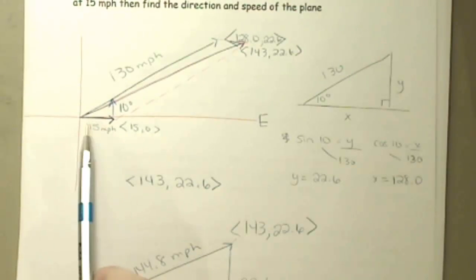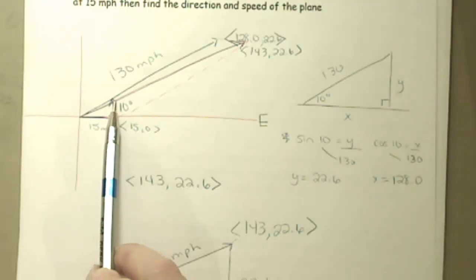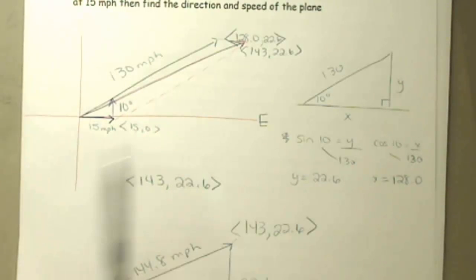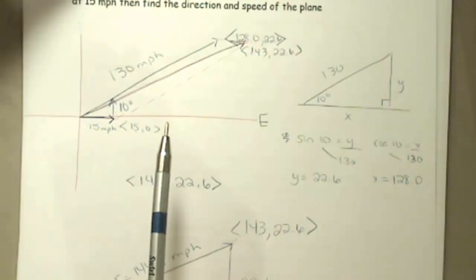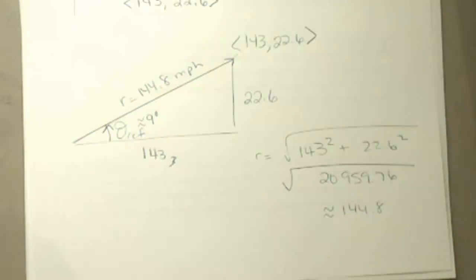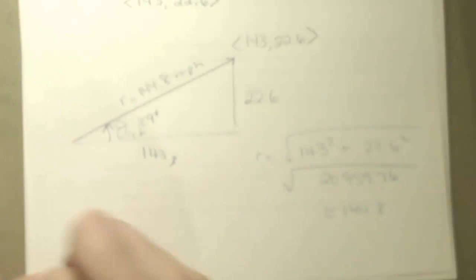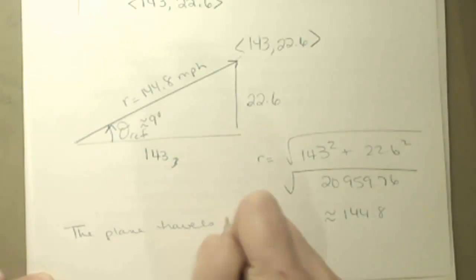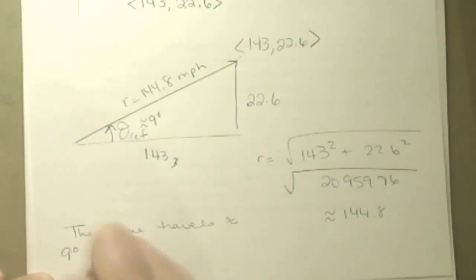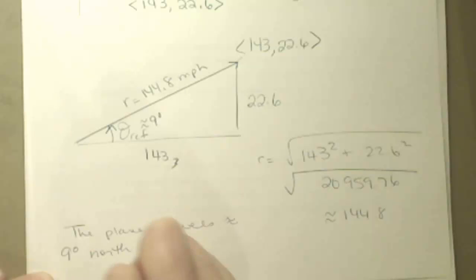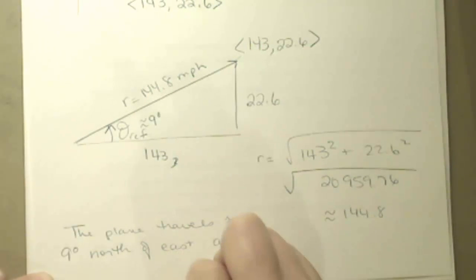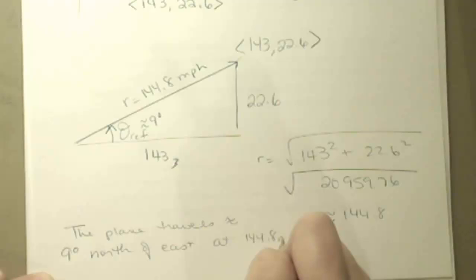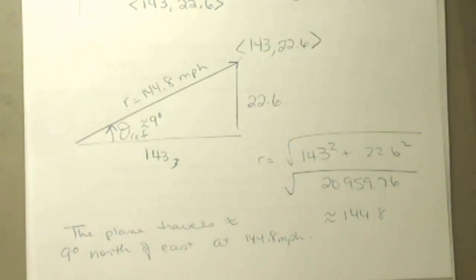So what happens is that wind going directly to the east brings the angle down and speeds the plane up, just as the parallelogram addition method of the vectors would show for the resultant. So the plane travels approximately 9 degrees north of east at 144.8 miles per hour. That is the overall resultant speed and direction of the plane.